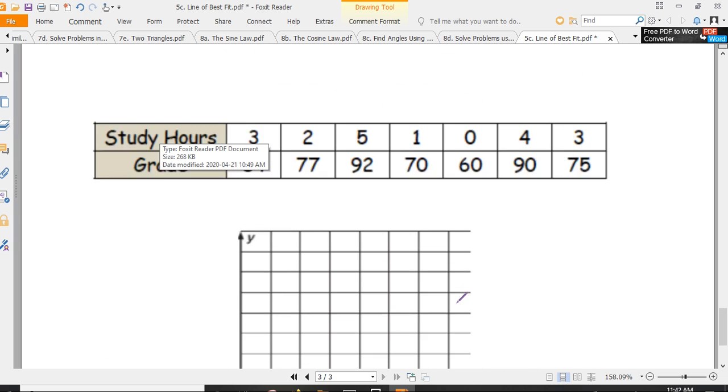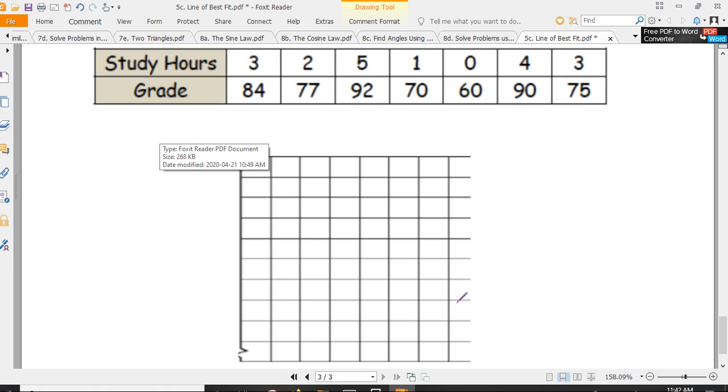The last one, this is a little trickier. It's because you need to label the x-axis and the y-axis. So to make your life easier, look at the two variables that we're measuring. Will your grade depend on your study hours, or will your study hours depend on your grade? Well, typically, you would assume that the amount of hours you study, the higher your mark.